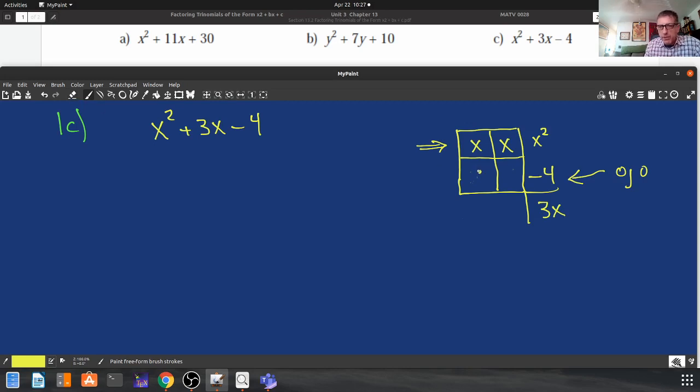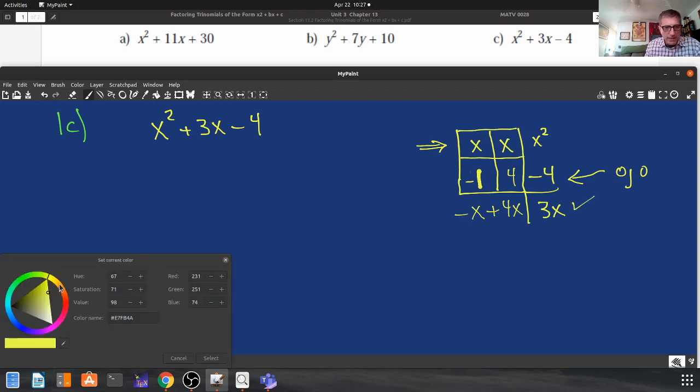So 1 and 4, and my observation said one of these has to be negative. Either I put the negative sign on minus 1, or on 4. But since I'm adding these and the result is positive, I'm going to put the negative sign on the smaller of the two. So x times minus 1 is minus x. X times 4 is plus 4x. And minus x plus 4x is the same as 4x minus x, and it gives me 3x.